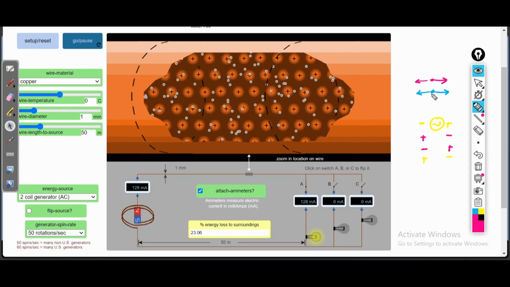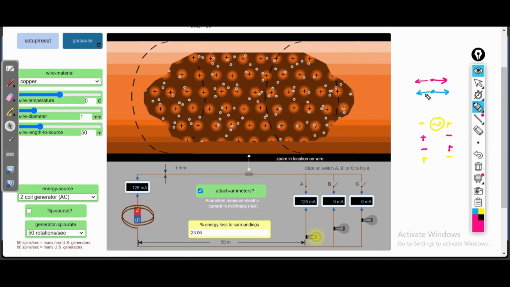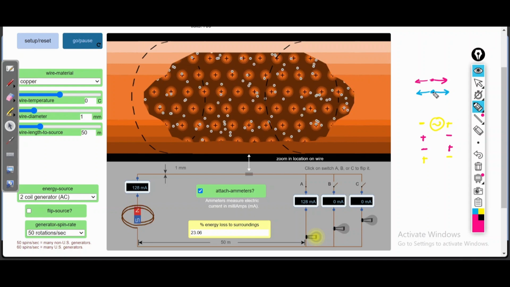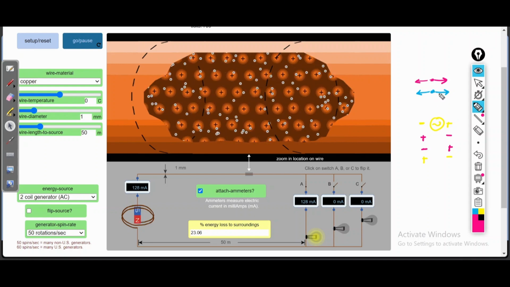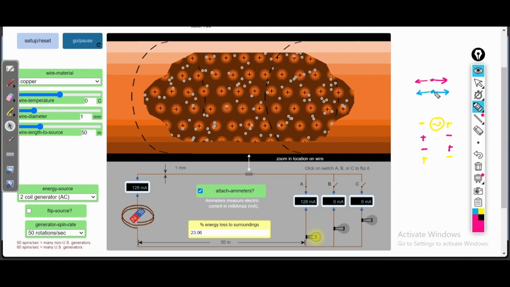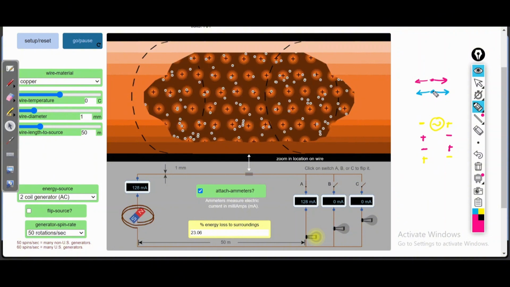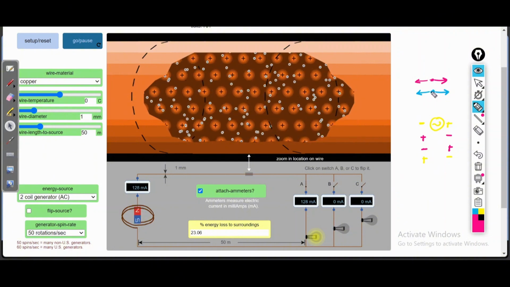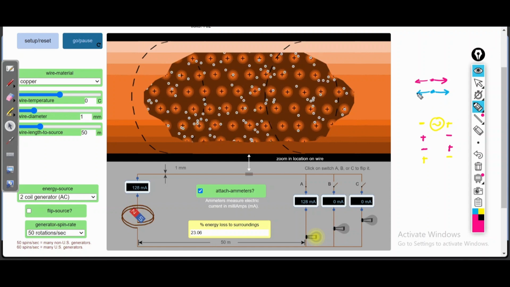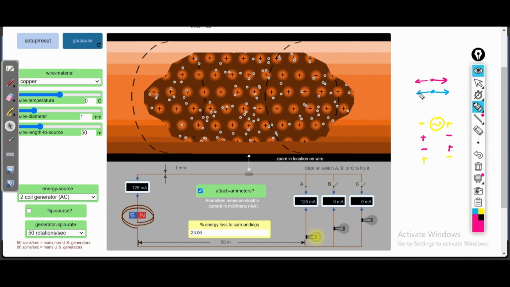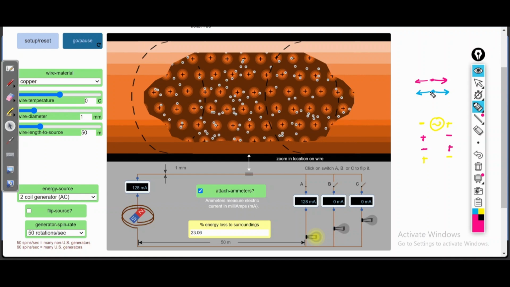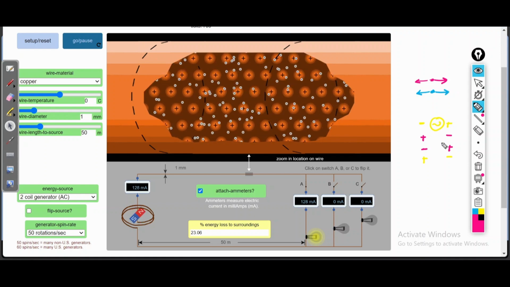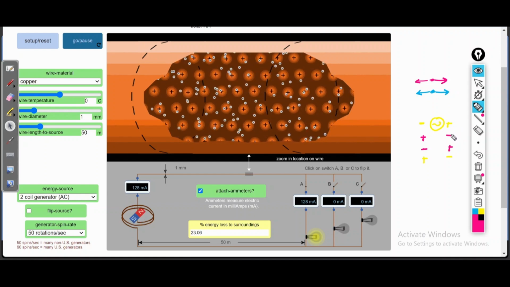Therefore this electron is vibrating about its mean position, okay. It vibrates about 25 times, okay. It means that this electron will move in this direction for the first polarity. If the polarity is changed again, the electron will move in this direction. So here the polarity is changing 50 times.